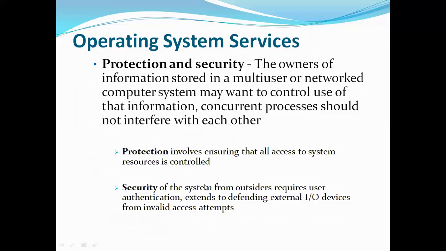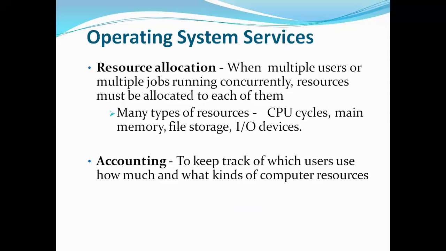Security will ensure that outsiders, when they are trying to access your data, need some authentication. So providing authentication is security. Restricting access, that is ensuring that all access to the system resources is controlled, is called protection. So these are the services provided by the operating system.